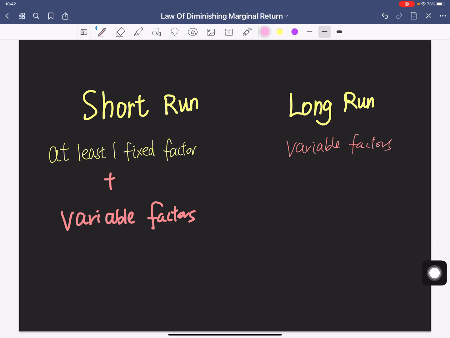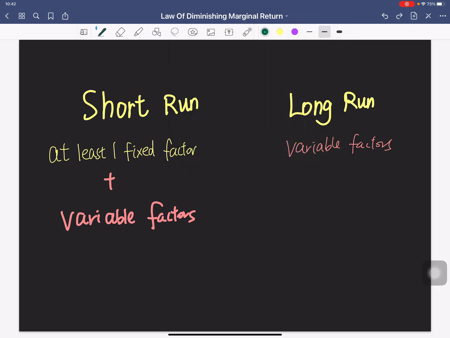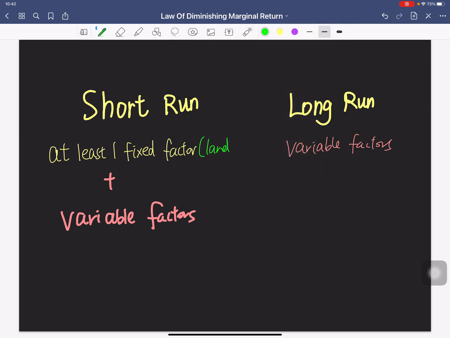In the previous example, we used land to illustrate what a fixed factor is. Because when I grow more and more carrots, you can see the quantity of the land is not going to change. It's not going to vary with the output, which is carrots.